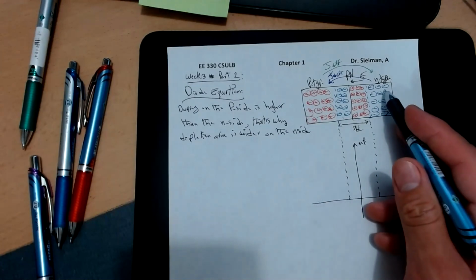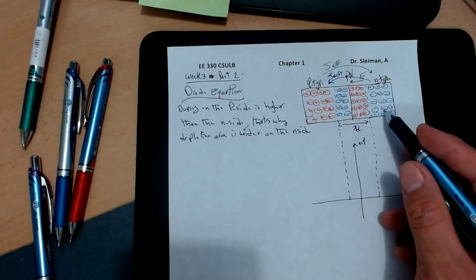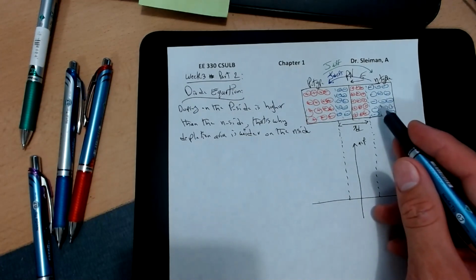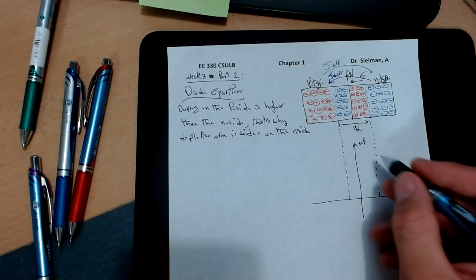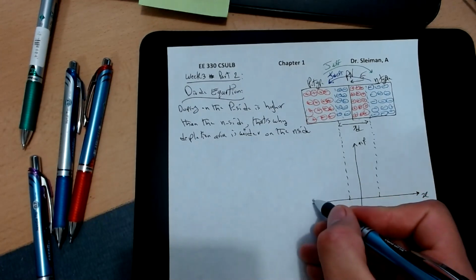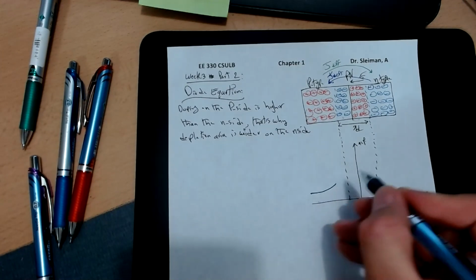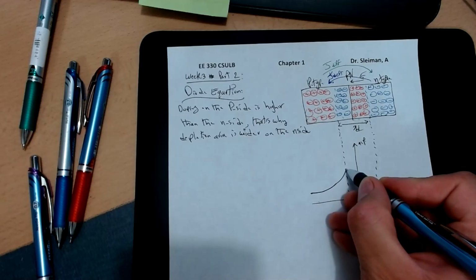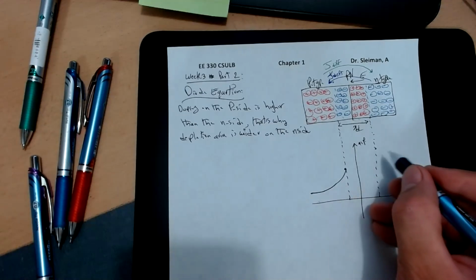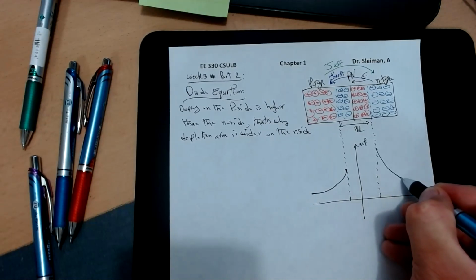On the n side, because the number of electrons is highly doped on this side, it's going to start from here, from the positive, going up, and on this side it's going to go down, decreasing exponentially.